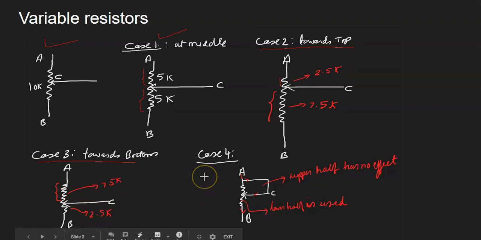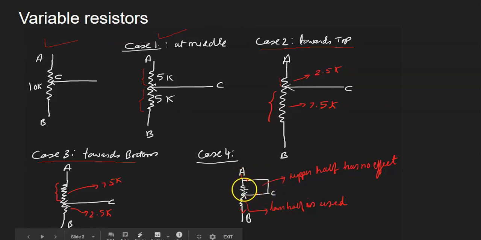You can also use the variable resistor to provide one single resistance. So what I've done here is I've connected the center tapping to the top connector. This is like a short circuit here.